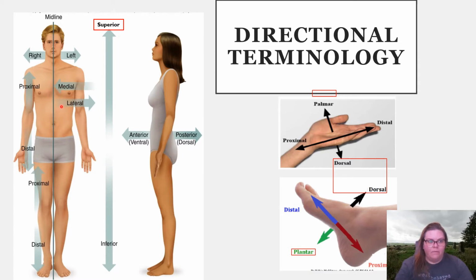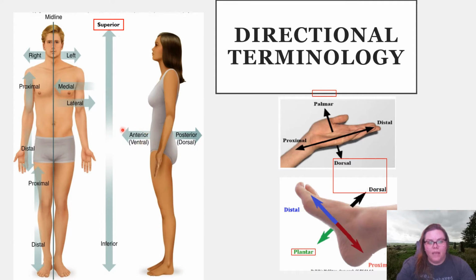And then you have lateral, which is away from the body. Proximal and distal are typically only talked about with the limbs. So proximal is towards the body, distal is away from the body. Superior, your head is superior, and inferior towards your feet.